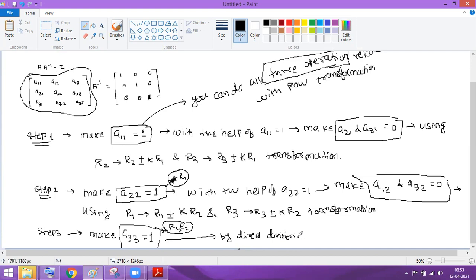By direct division means you have to use R3 divided by some constant. With the help of this you can get A33 equal to 1.